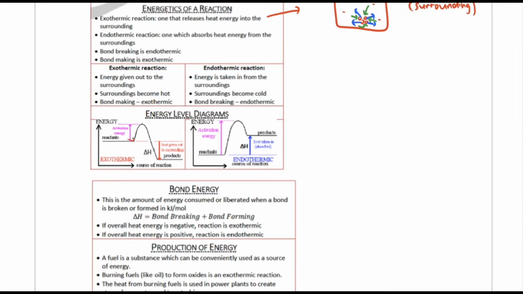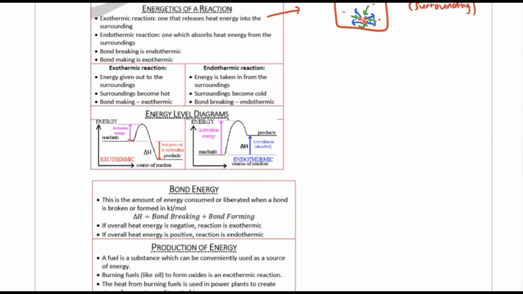So activation energy is actually what? Activation energy is the energy required to make a reaction able to happen. It's something like, if you want to score in chemistry, you must have activation energy to make yourself more aggressive, study harder.